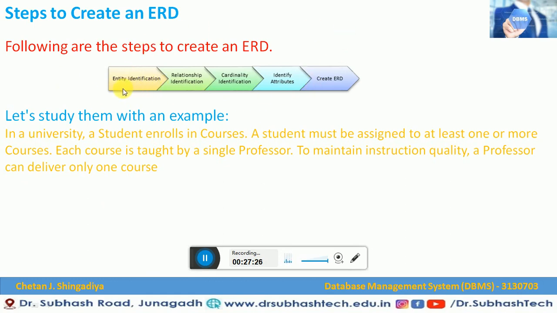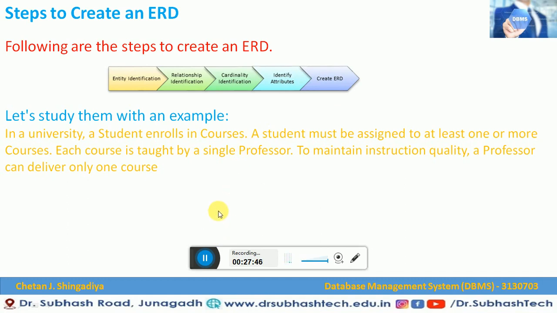First we identify the entities, then the relationships, then the cardinality, and last the attributes. After these four steps, we create the ER diagram.